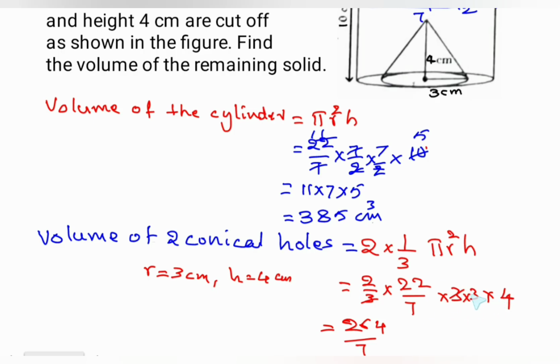Now substitute these values here, and 2 into 3 get cancelled, 2 into 22 is 44, into 3 into 4 is 12. 12 into 44 equals 264 by 7, which is 528 by 7.